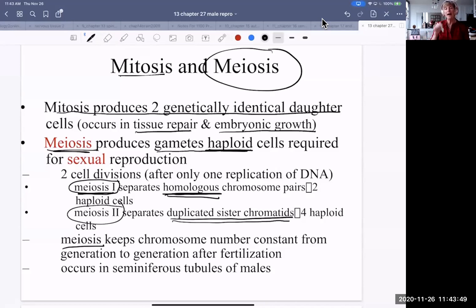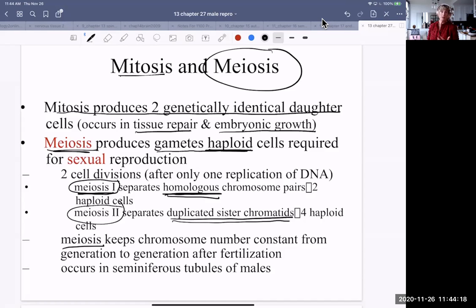So now that you've looked at the video and maybe looked it up in the lecture, you have a good understanding of meiosis. And one of the main functions of meiosis is not only to recombine chromosomes into offspring, but also to keep the chromosome numbers equal from generation to generation.